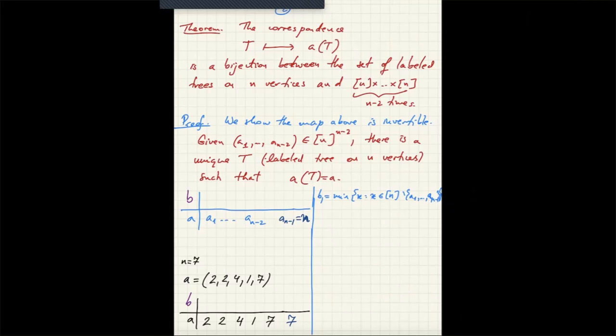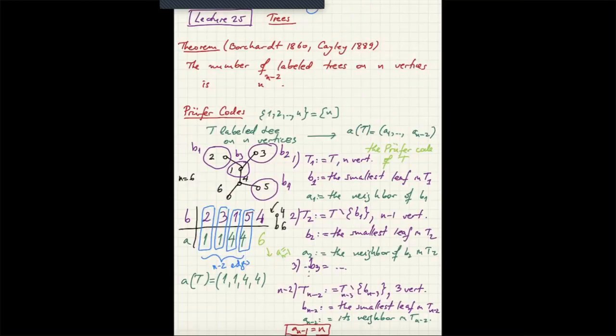In the first step, all the vertices except a1, a2, up to a_{n-1} were available to be chosen, and so we choose the smallest of them. So b1 is the minimum of all x that do not belong to the second row. As you see here, these are the elements in the second row, and b1 is the smallest one that does not belong to that set.